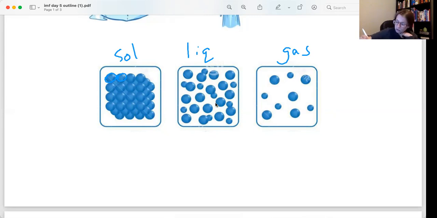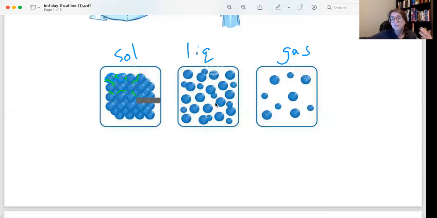Well, remember that what holds one molecule to another molecule into these aggregates that we can actually see are the IMFs, the intermolecular forces. So for water, we know that if we drew out water and looked at its Lewis structure, you would see that it's polar and has hydrogen bonds. That means there are hydrogen bonds existing in between every molecule of water in this picture.